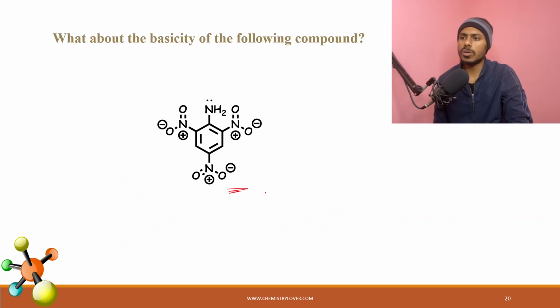In this compound also there is a similar situation, and this compound is very less basic. Why? Because in this case you don't have large Me2 groups, rather you have only an NH2 group, which is very small.